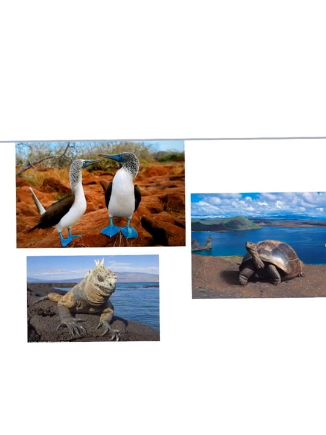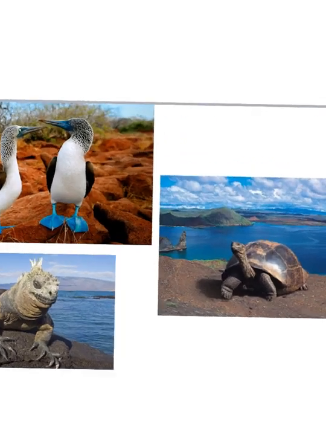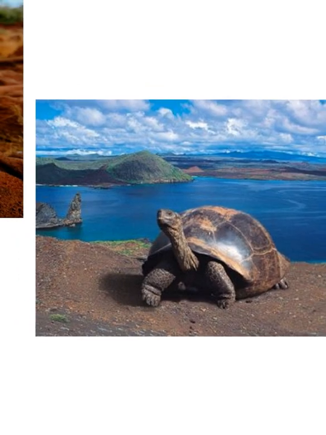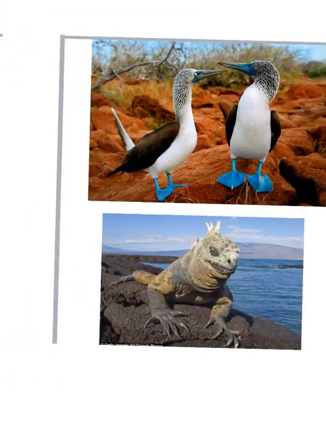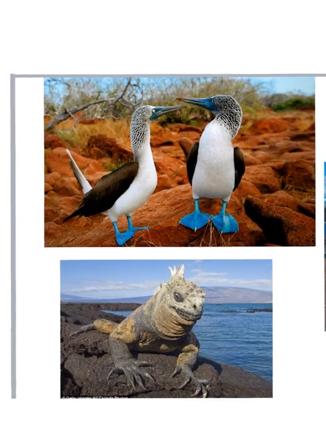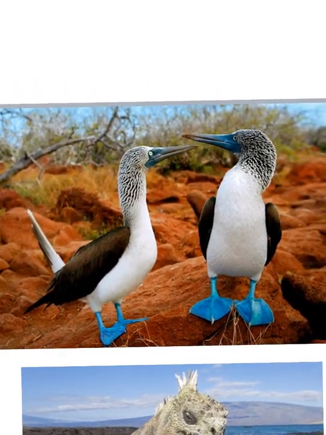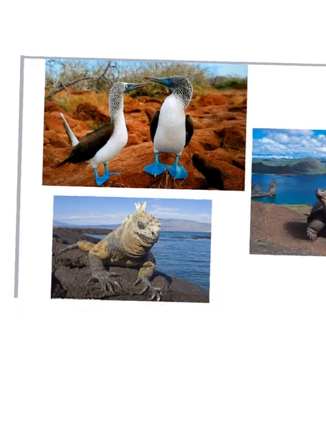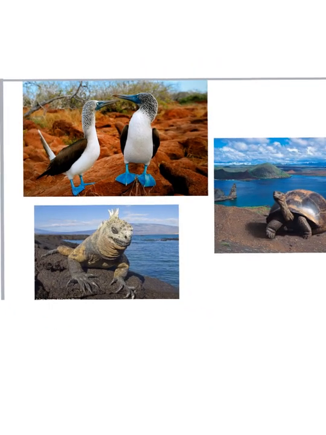The species and fauna and animals that live there are found nowhere else on the planet and are unique to the Galapagos ecosystem. These include some tortoises, some marine iguanas, and blue-footed boobies. All these animals are found nowhere else on the planet.